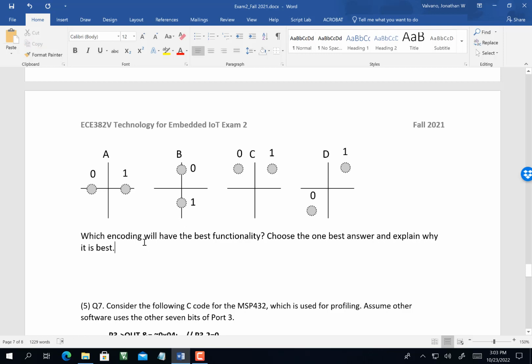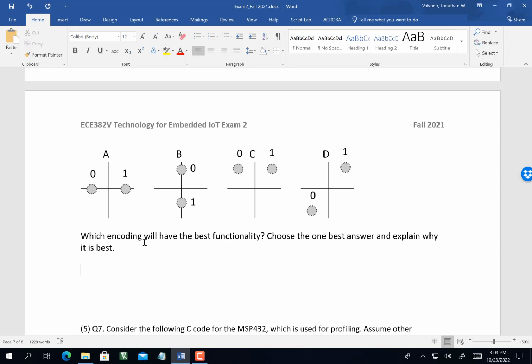As you know, the key idea here is information is passed as energy. In this plot diagram, energy is the distance from 0, right? This is the real and imaginary for the symbols.